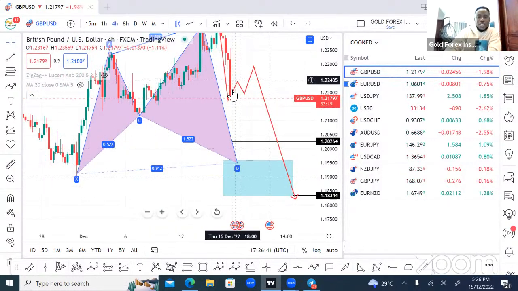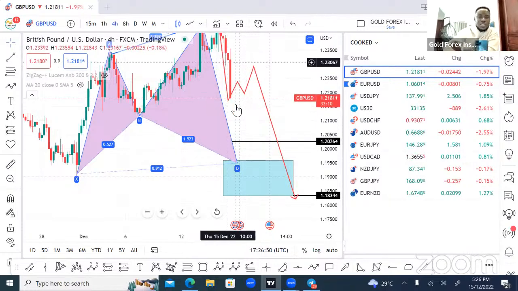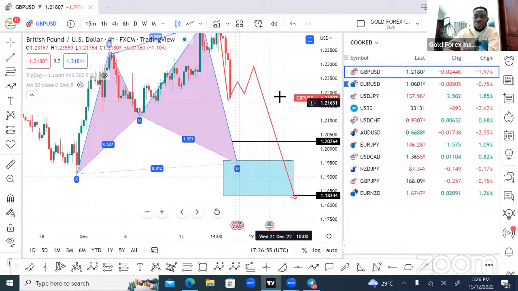So this thing can come all the way here before we see that correction. These lines are just for projection's sake, but you can see it coming all the way to the break of market structure before we see that.